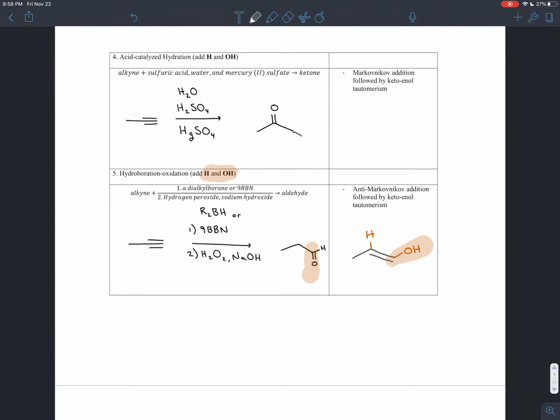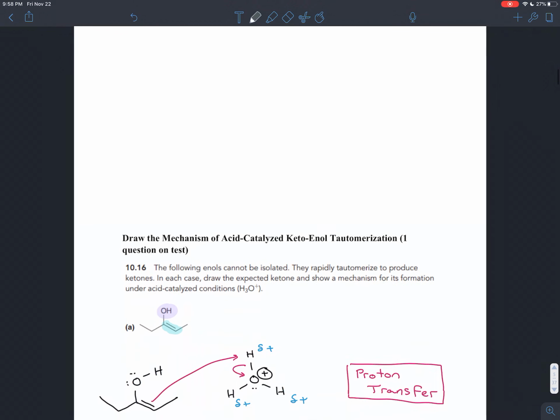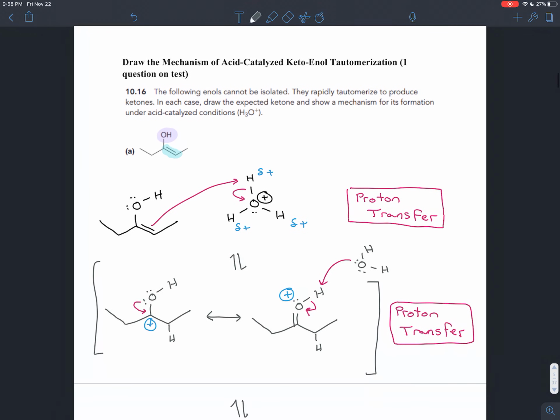That's what happens if you have acid-catalyzed hydration, where the oxygen goes on the more substituted carbon. If you have hydroboration oxidation, which is anti-Markovnikov, that means the oxygen goes on the less substituted carbon, this one on the end, but you still get the tautomerization and the OH turns into a double bond to an oxygen through a similar mechanism. It's just base catalyzed. So hopefully this video helps you a little bit with drawing the mechanism of an acid-catalyzed keto-enol tautomerism.